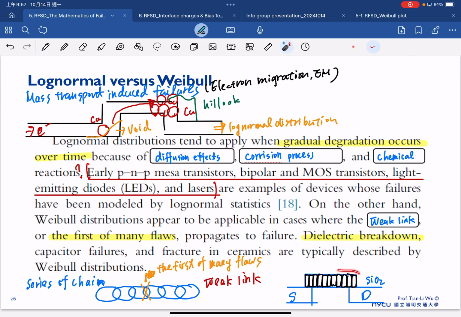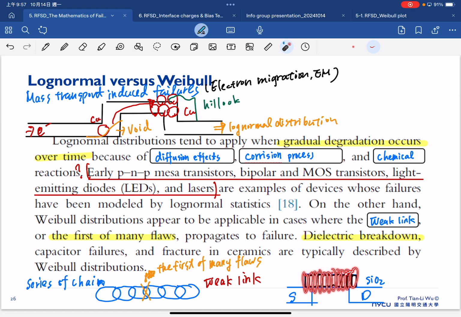The whole dielectric here can be considered a series chain as well, because if we divide it into small dielectrics, then the total dielectric becomes the connection of all these small dielectrics here, right? So now we figure out that we can also apply the concept of the chain here.